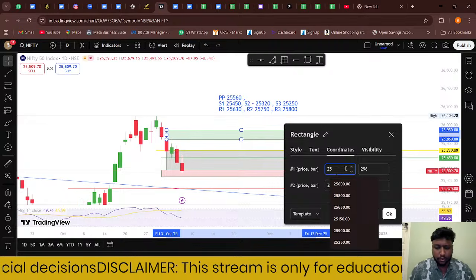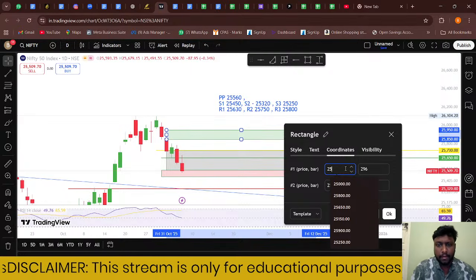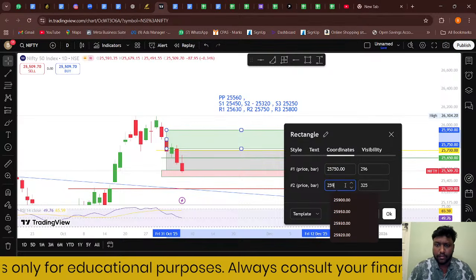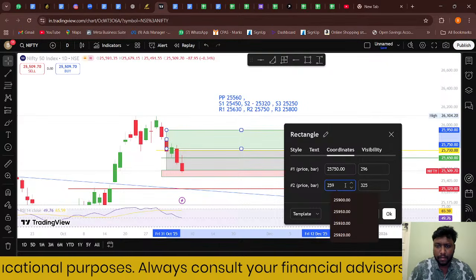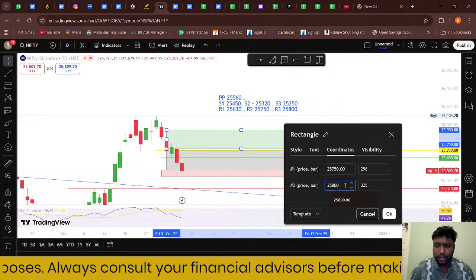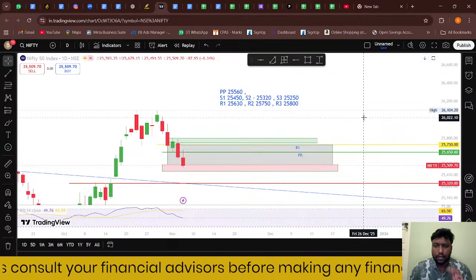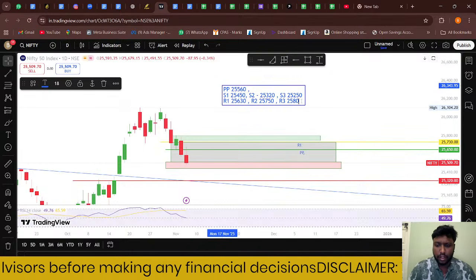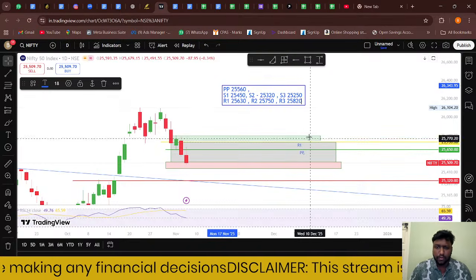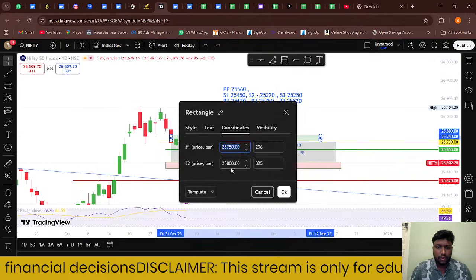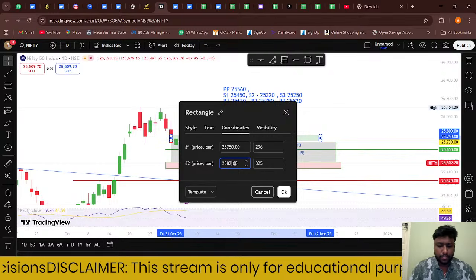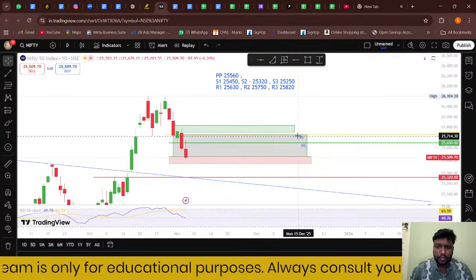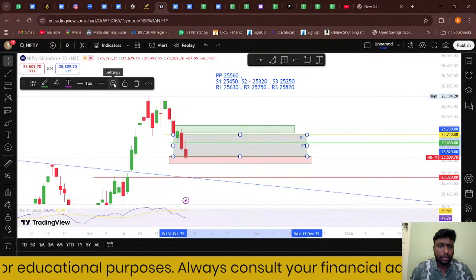Let me plot this out. 25,750 will be the first R2, and 25,800 will be the top. Let's give this as 820 only, with the exact value. So this is the bullish bias zone with respect to Nifty's pivot point.